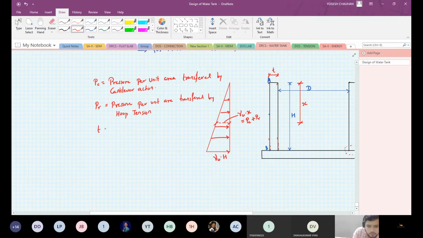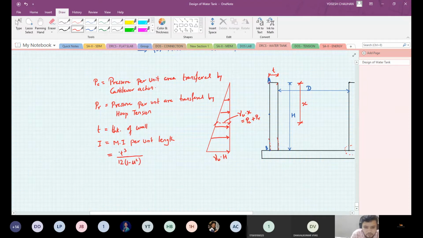Now let T be the thickness of the wall, and I be the moment of inertia per unit length, and this can be taken as d cube by 12 into (1 minus mu square).